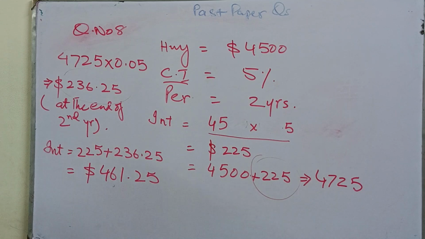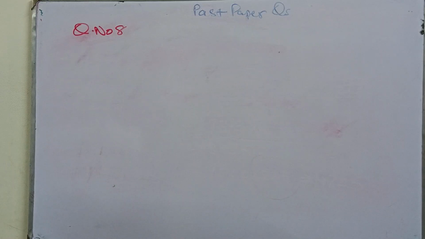I hope you have understood what is the simple interest and what is the compound interest. Okay, now there are only two questions left. Jasjeet and her brother collected stamps. When Jasjeet gives her brother 1% of her stamps, she has stamps left.